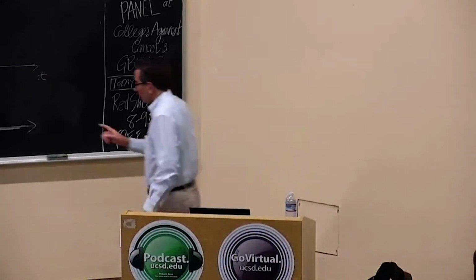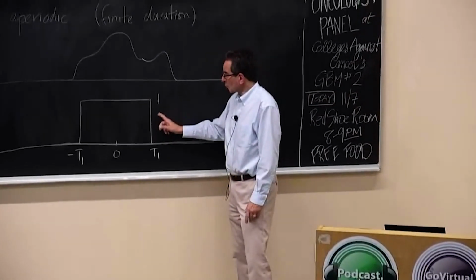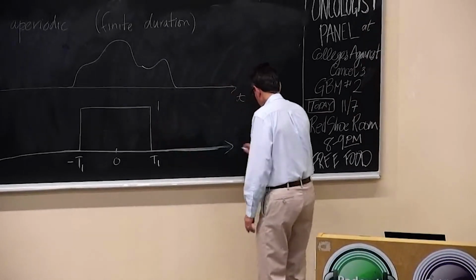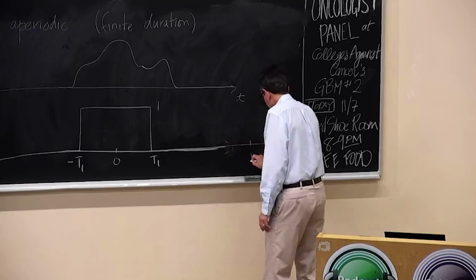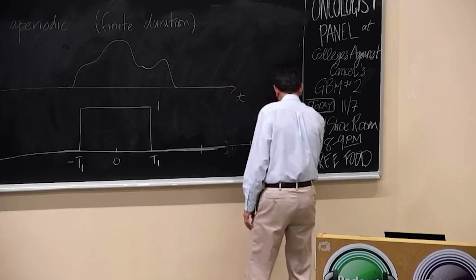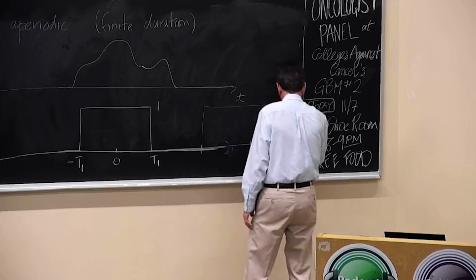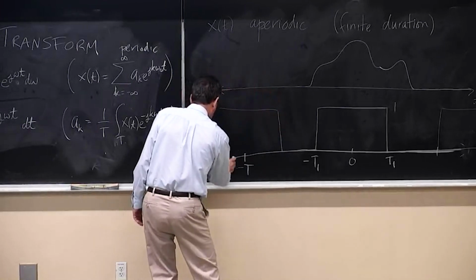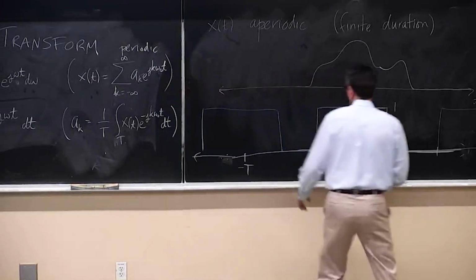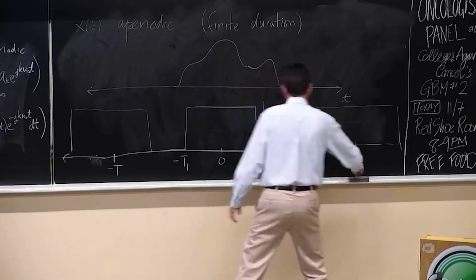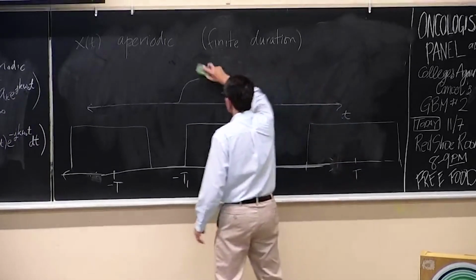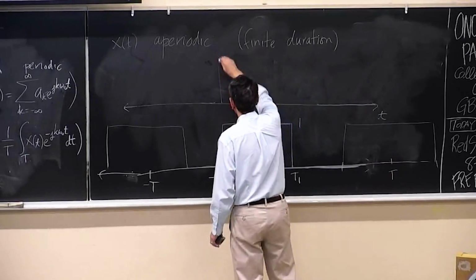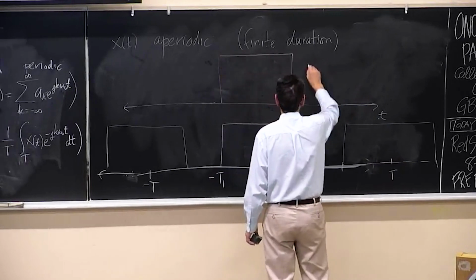And now let's remember what the Fourier series was when I repeated this every capital T. Imagine in your minds that I've created a new signal built out of this, which repeats every T. Here was my original x of t, just this square pulse.